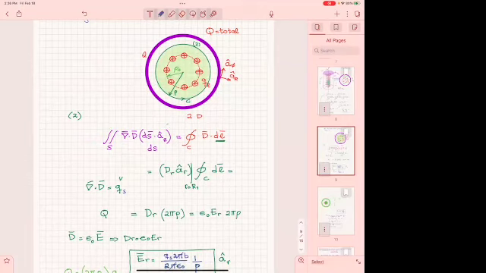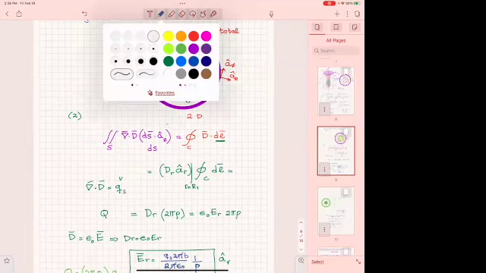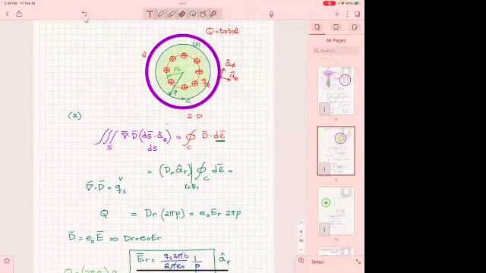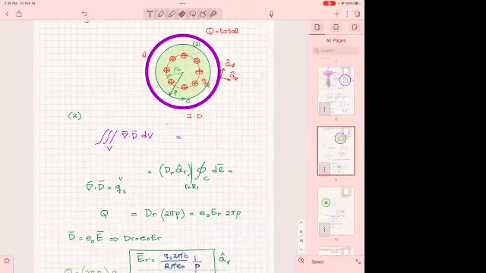Here I have a volume, and here I have a surface integral of D dot dS. Let me erase that too.